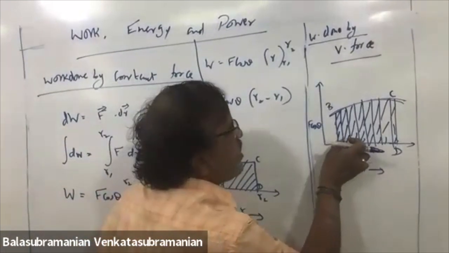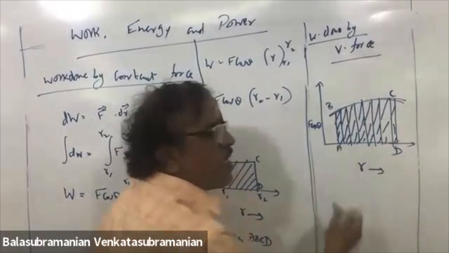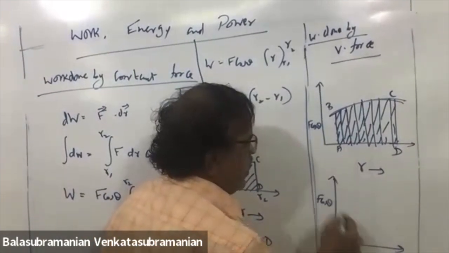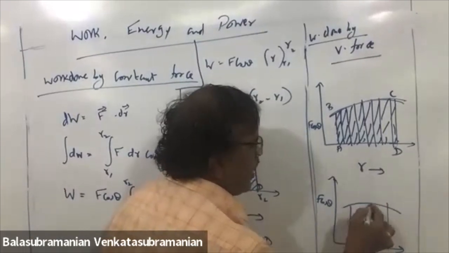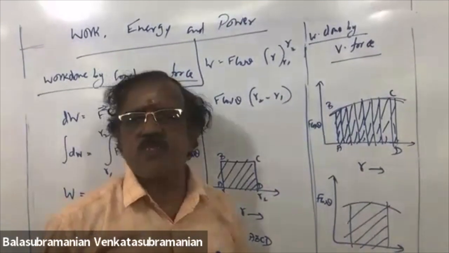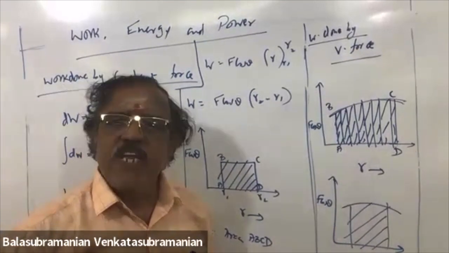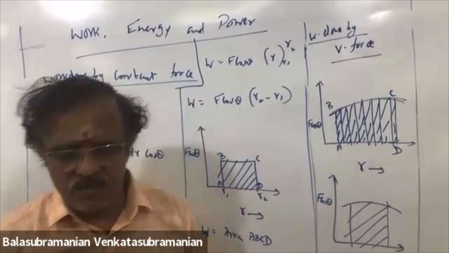You calculate each strip area and then add everything, or you calculate the total area, F cos theta into R. Both will give you the same answer. That is work done by variable force. Simple.